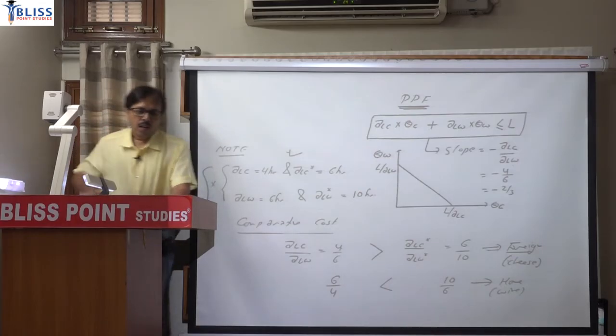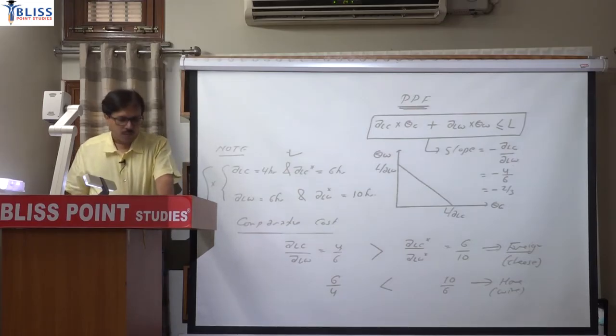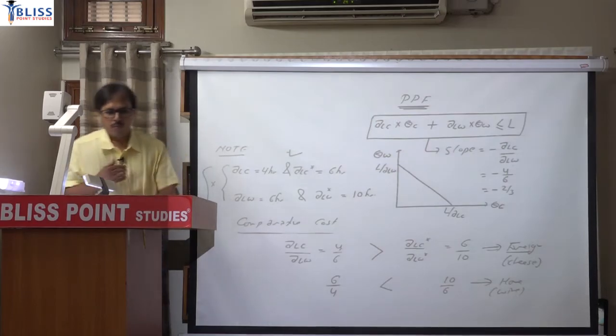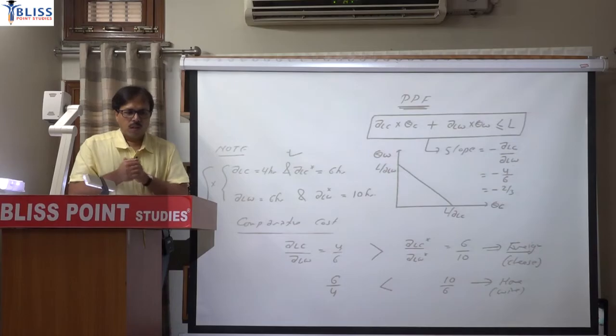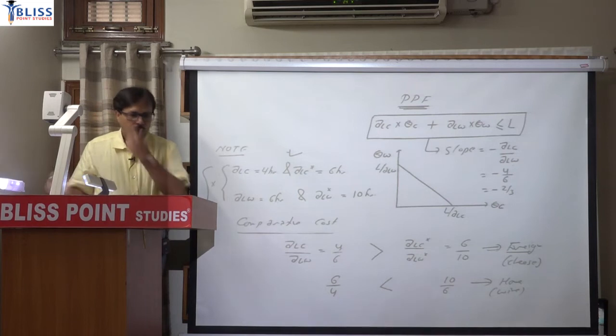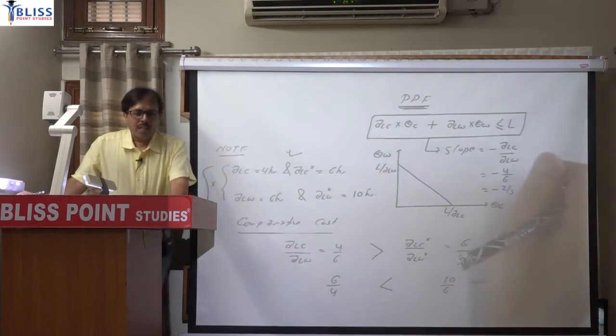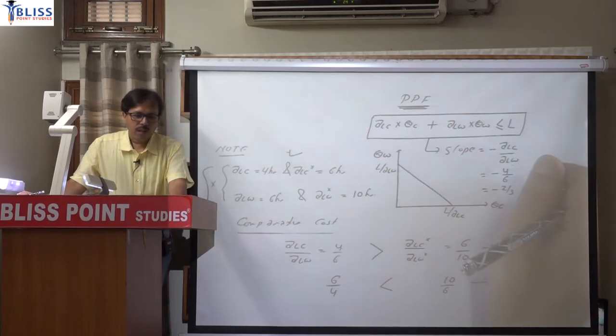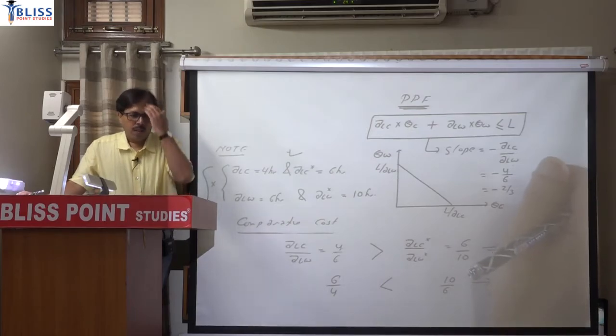even when a country may have absolute cost advantage in producing both goods, the country will have comparative cost advantage in only one line of production.